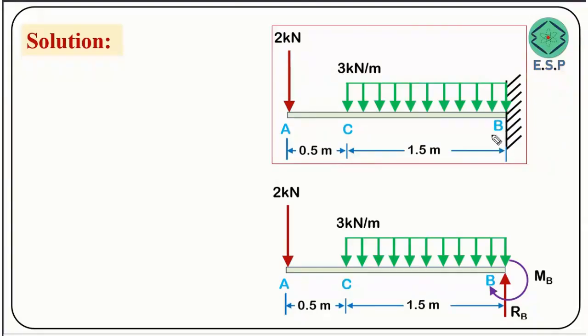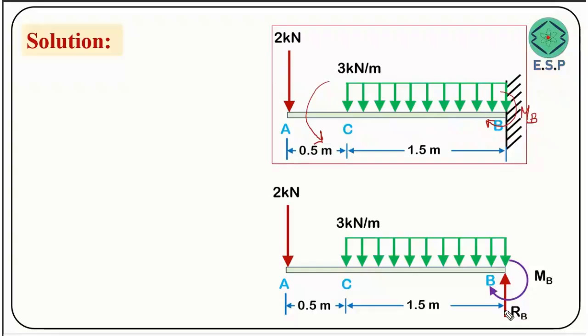And since this beam has tendency to rotate in the anti-clockwise direction like this, to prevent this rotation there will be a reaction moment acting at point B that you can call as MB, and this reaction moment will be in the clockwise sense in order to prevent the anti-clockwise rotation of the beam. So there is a clockwise reaction moment acting at point B, that is we are calling as MB.